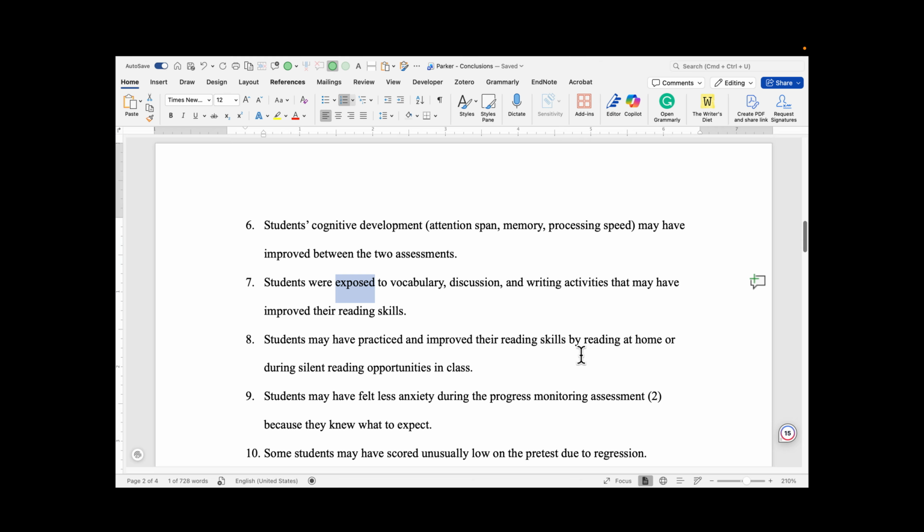So as the researcher doing the intervention, you exposed the students to such and such, and now the idea here is you're going to go into the why. Why did you do that? And then what was the outcome? Okay, so you know the difference between the two.